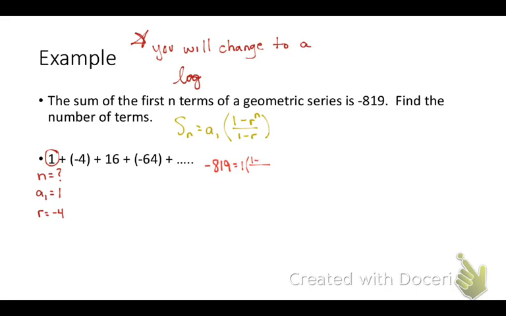So I have 1 minus -4 to the nth power, and then 1 minus -4. Now, the biggest thing that happens on a problem like this is that students want to change the 2 signs here. You can't do that. We can on the bottom, we can't on the top.